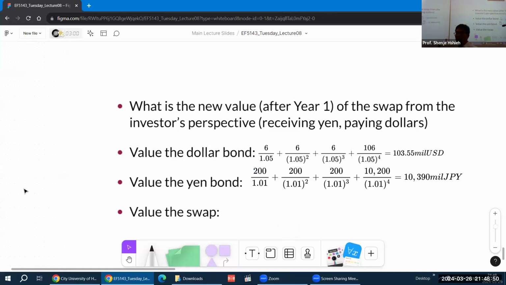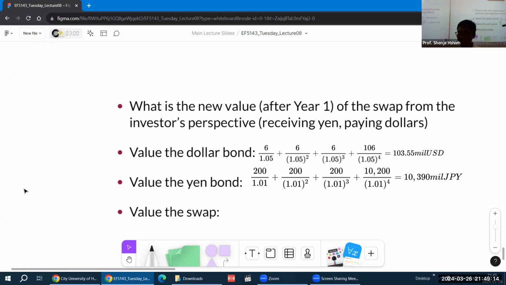So again, notice the 200 numerator is still determined based on the 2% prevailing interest rate at time 0. Those are the rules, or the agreement at contract initiation. But what has changed is the economic environment. The discount rates are different. And so you must discount each of these cash flows by the different interest rates now.